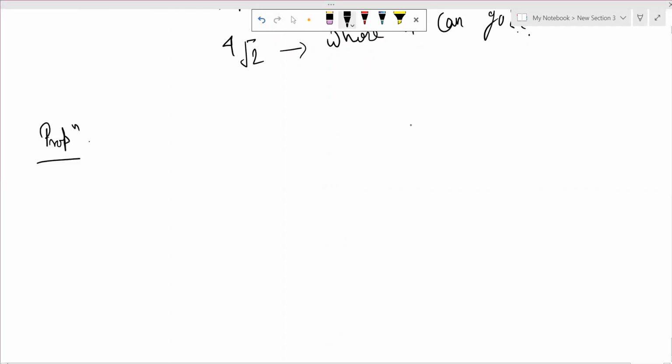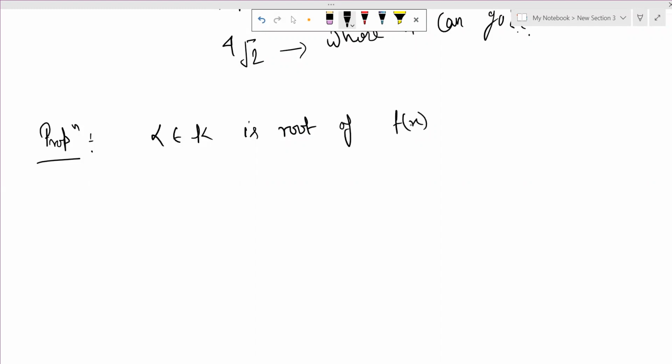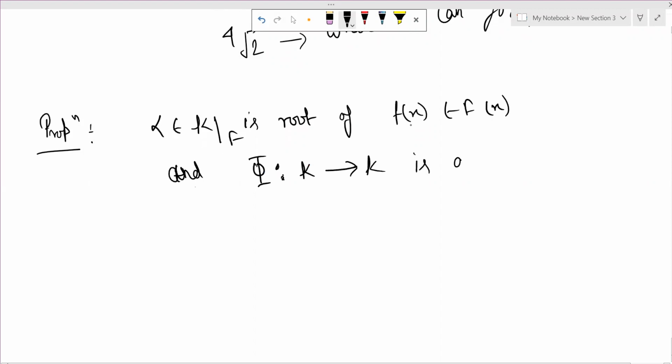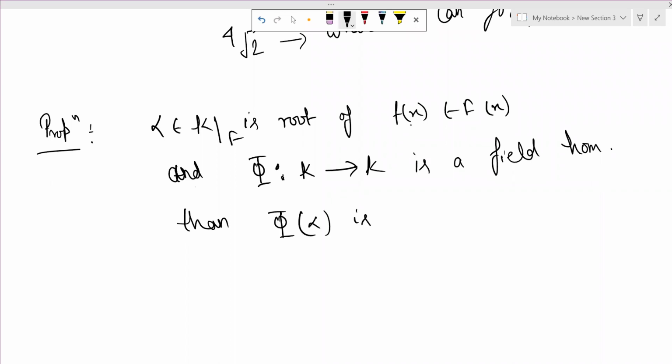Proposition. I hope this is done in your class. If alpha belongs to K is a root of some polynomial f(x) belonging to F[x], where K is an extension of F, and phi mapping K to K is a field homomorphism, then phi of alpha is also a root of f(x).